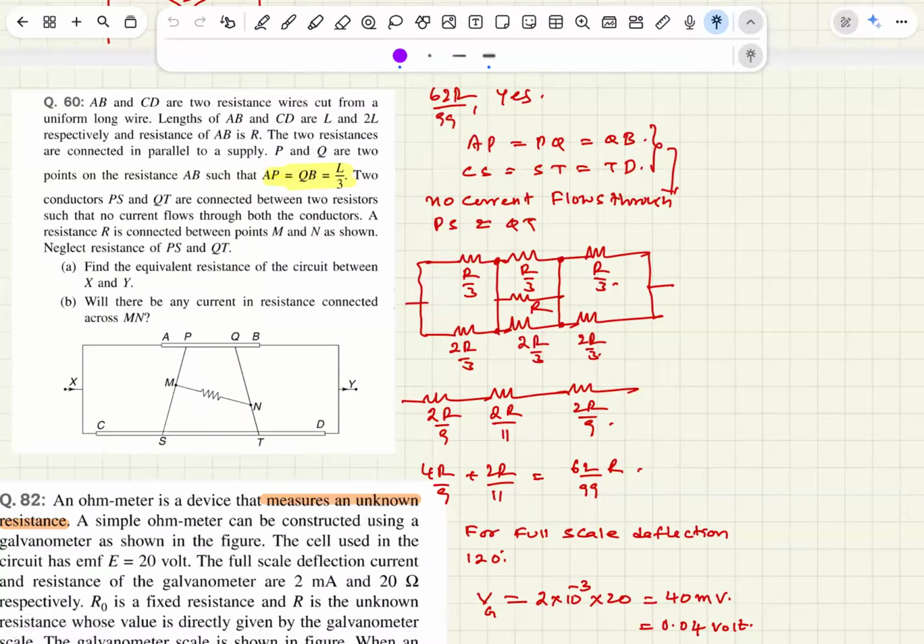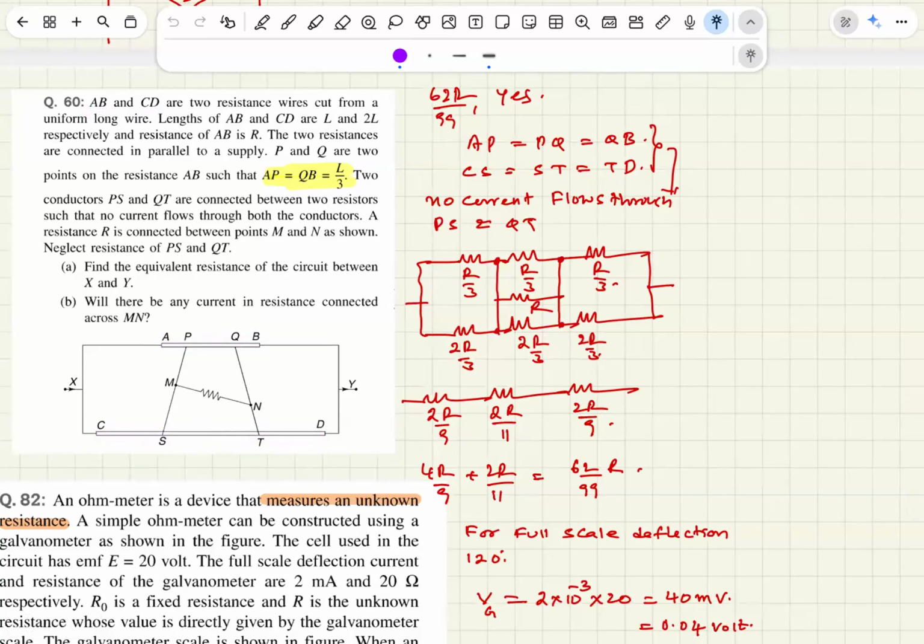You have AB and CD, two resistance wires cut from a uniform long wire. Length of AB is L. Length of CD is 2L.